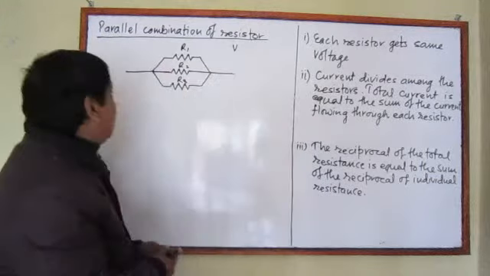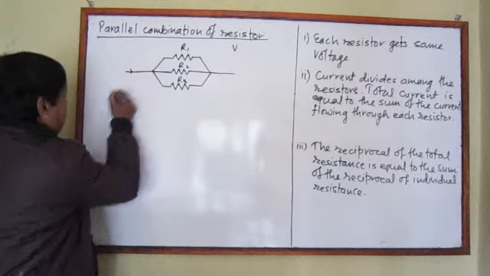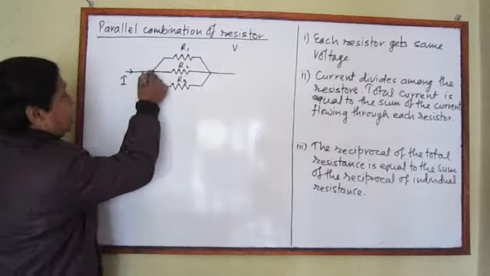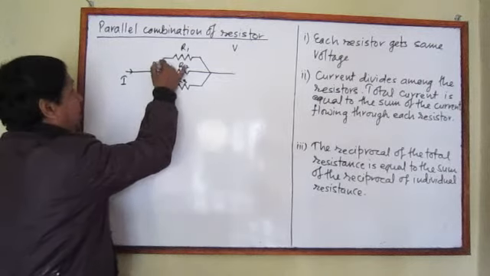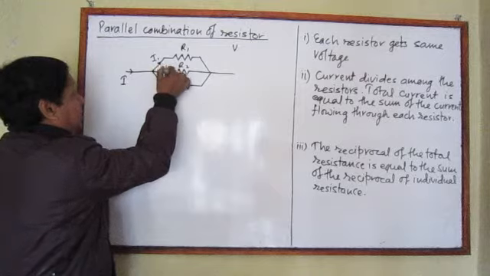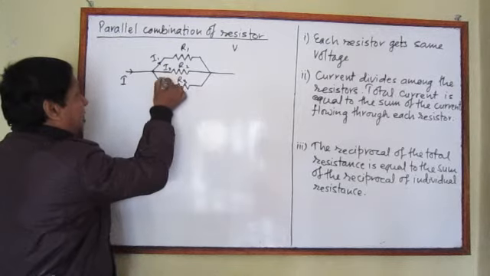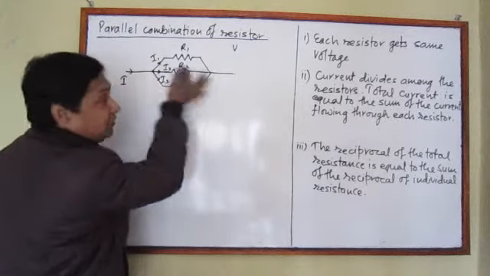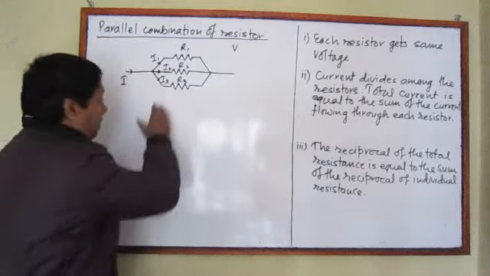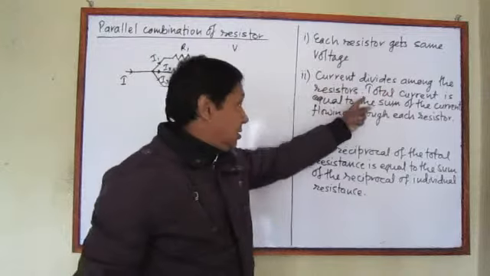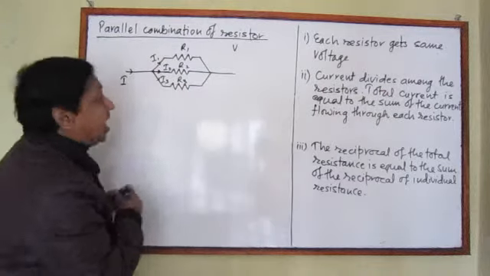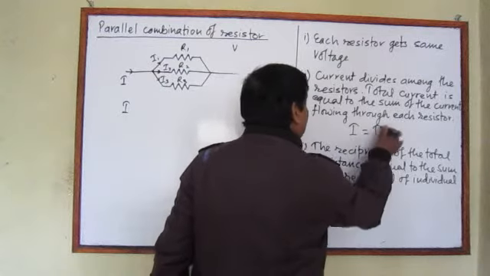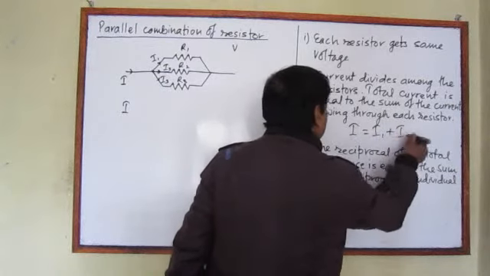Second point, when current is supplied from one end, let's say the current is I. After this point, the current divides among these three branches, which we can represent by the symbols I1, I2, I3. That's why in this combination the current divides among the resistors, and the total current I will be equal to the sum of the currents flowing through each resistor.